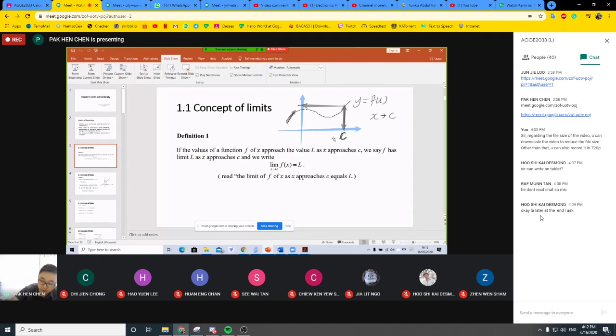Let's say it approaches L. Therefore, if y approaches L, we can write this relationship as the limit as x approaches c of f(x), where f(x) is y itself, equals L. That will be the format of the limit. Understand?